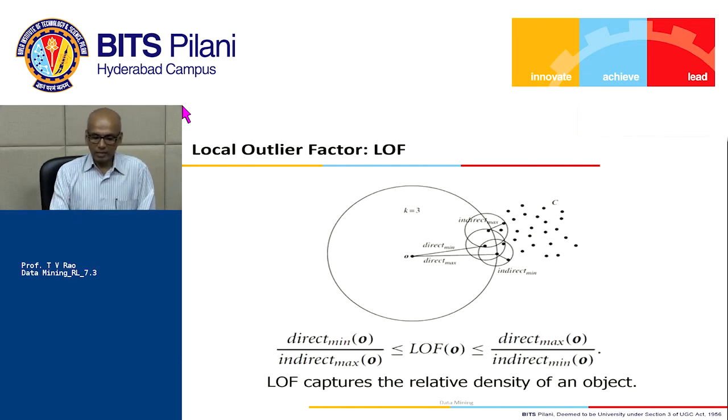Then we get this relationship saying that the local outlier factor is within these ratios. One is the direct minimum by indirect maximum, and the other is the direct maximum by indirect minimum. So in a way, it represents the relative density of the object within its surroundings. It is a good factor to consider when determining whether an object is going to be an outlier or not.